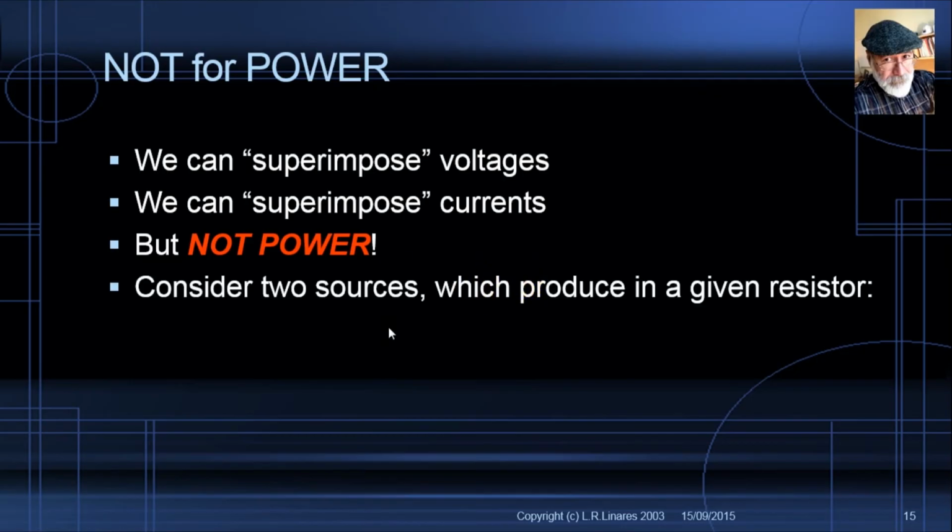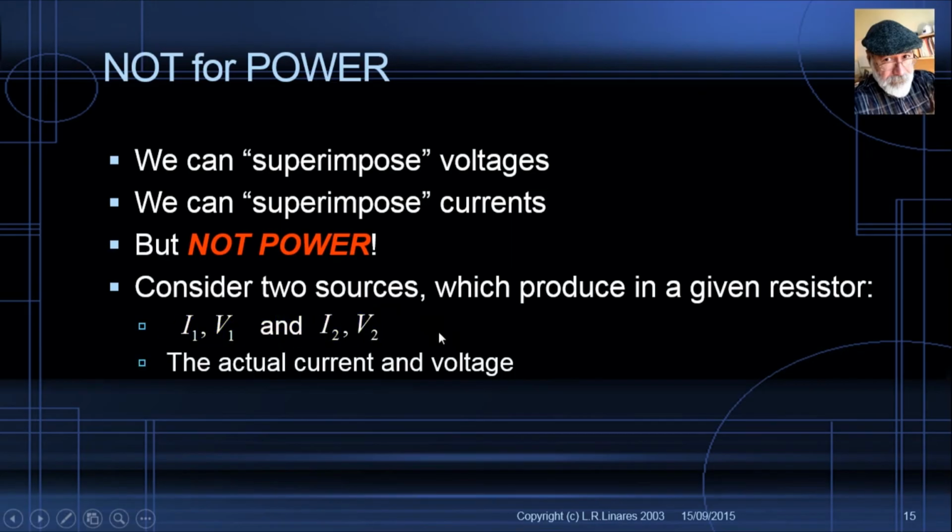Why not? Consider there are 2 sources. Each one produces some current and some voltage in a given resistor. The first source produces V1 and I1, and the second source V2 and I2. The actual currents and voltages in that resistor would be the total current I1 plus I2, superposition, and the actual voltage in the resistor would be VT, V1 plus V2.